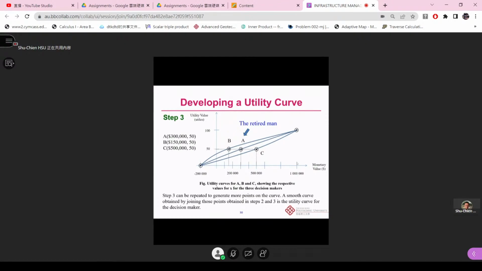What the utility value means is that we want a 50% chance to earn the benefit of 300,000. When I ask you about this kind of investment, you have 200,000, then in the middle way, with the 50% chance, what is the amount of value you want to get?